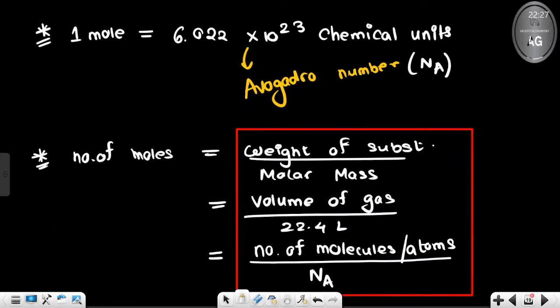Next, the basic idea of how to calculate the number of moles. You can calculate it by dividing the given weight of the substance by its molar mass, or the volume by 22.4 liter, or the number of molecules or atoms divided by the Avogadro number, which is 6.022 into 10 to the power 23.